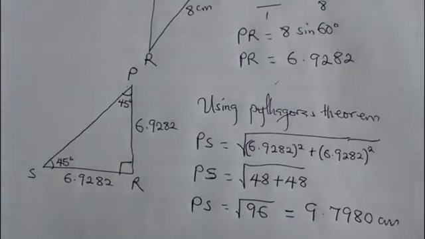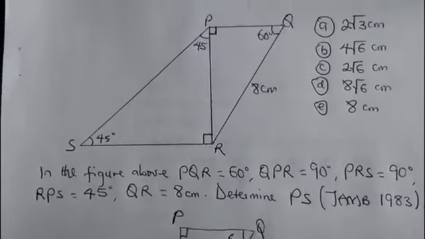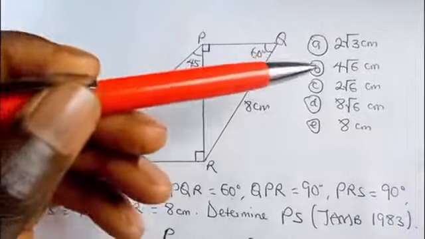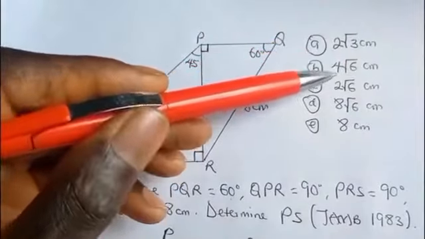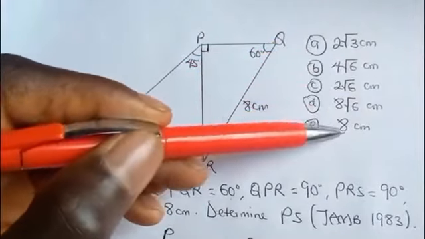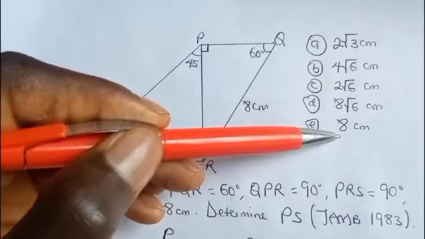But remember, we are working with respect to the options given to us. When you look at the options in this question, we have 2 root 3, 4 root 6, 2 root 6, 8 root 6, and 8 centimeters.